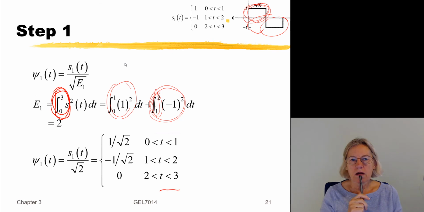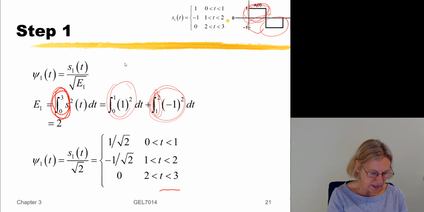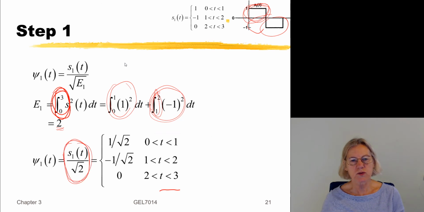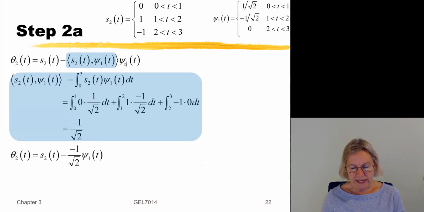So this gives us that the energy is equal to 2. And so I divide my original symbol by the square root of 2, and that gives me my first basis vector. So my first basis vector looks just like S1, but I've modified the amplitude so that the energy is a unit.